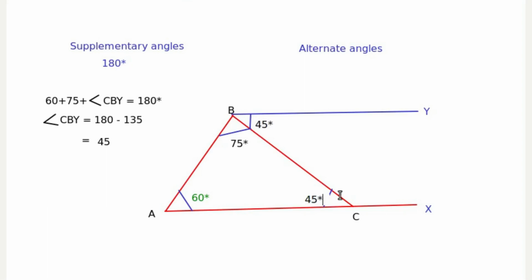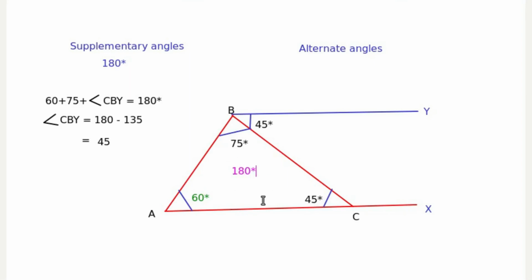So this is how we get angle ACB. So I think this is clear, isn't it? Okay, so when you add these three measures, you will get 180 degrees. That's what you have to understand, 180 degrees.